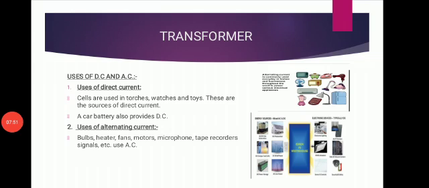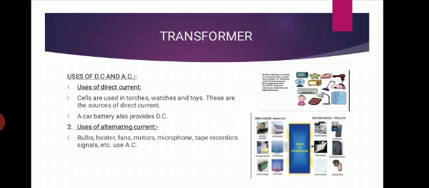What are the uses of DC? This form of power is most commonly produced by sources such as solar cells, batteries, etc. It is also used in low voltage applications such as charging batteries.